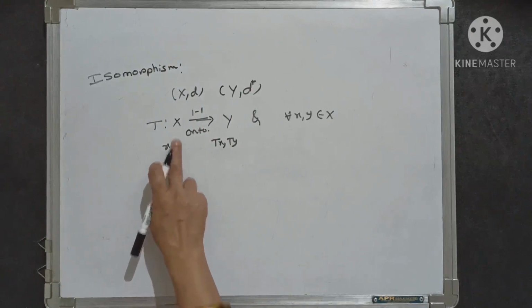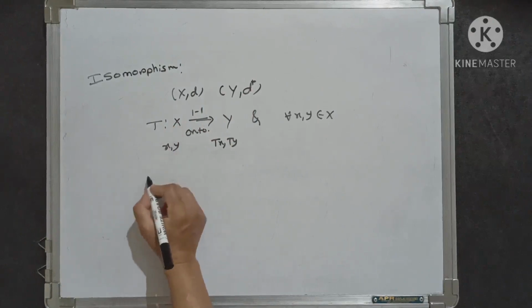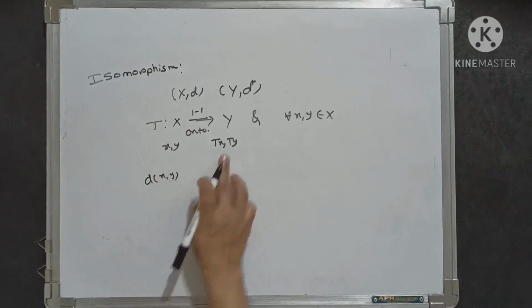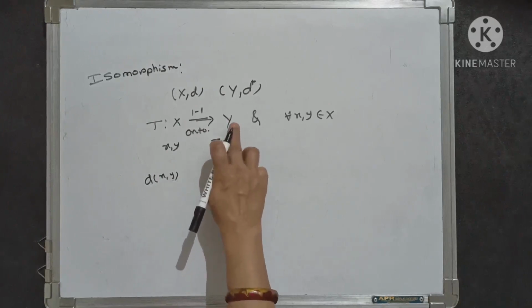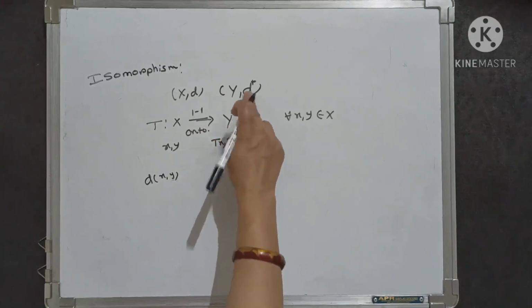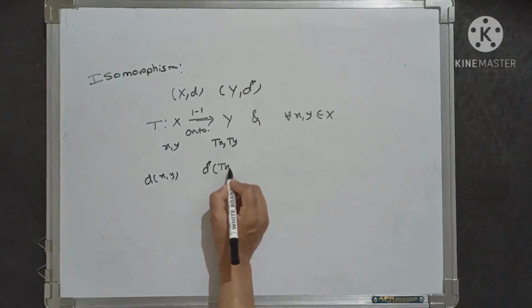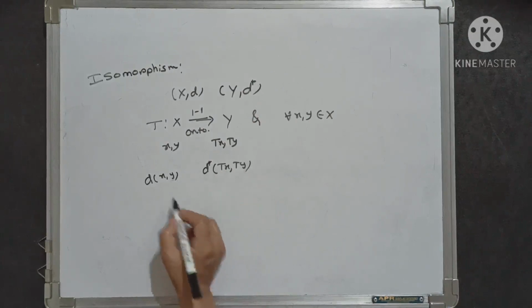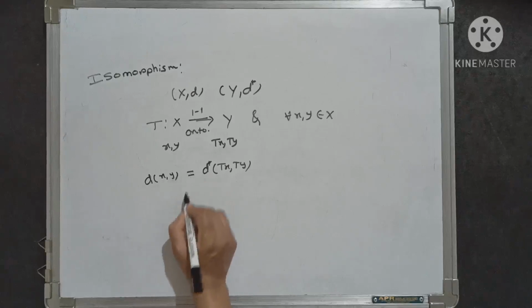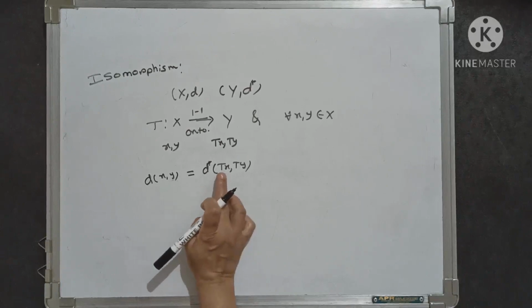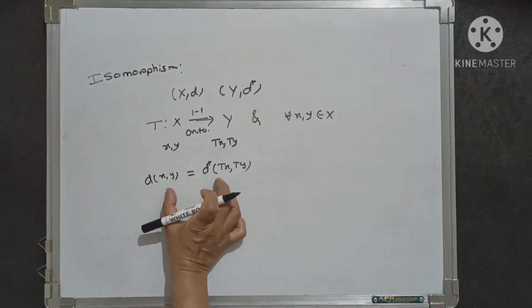Then in this structure X, the metric is d, therefore here we take d of x, y. Here Tx and Ty are elements of Y. On Y we have the metric d*, therefore here we take d* of Tx, Ty. If d of x, y equals d* of Tx, Ty, that means the mapping T preserves the structure.